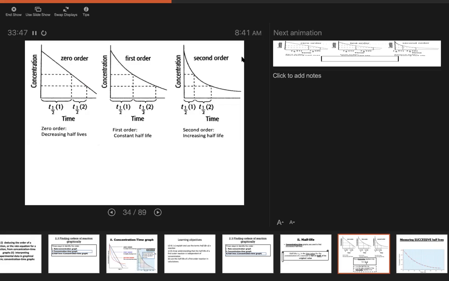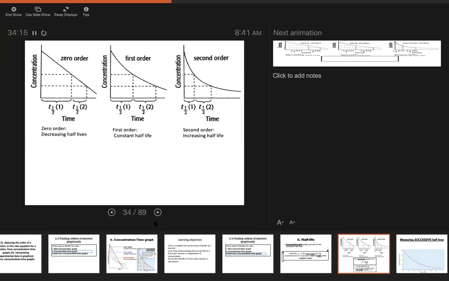For your second order, the half-life is increasing. Okay, so again, it's something to memorize. You not only have to memorize the graph of a rate concentration graph for zero, first, and second order, you also have to memorize the graph of concentration time graph of a zero, first, and second order, and you have to memorize the half-life for zero, first, and second order.